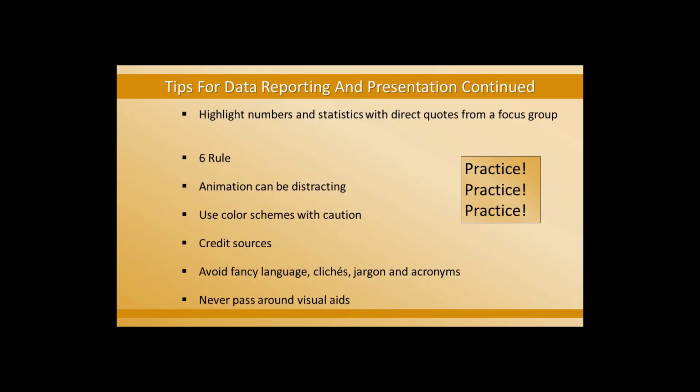A few more tips to help you feel confident when reporting your evaluation data. Use quotes. Put your key findings that you wish to highlight in a text box and then bold them. Use the 6 rule. Try using no more than 6 lines on a slide and use phrases rather than full sentences.